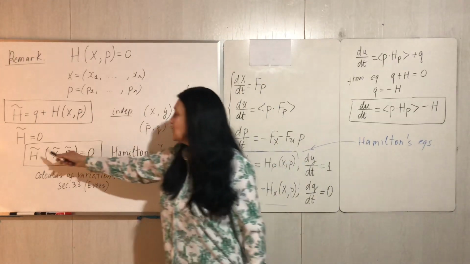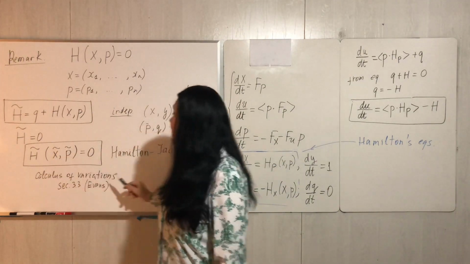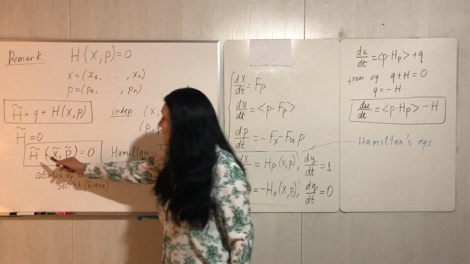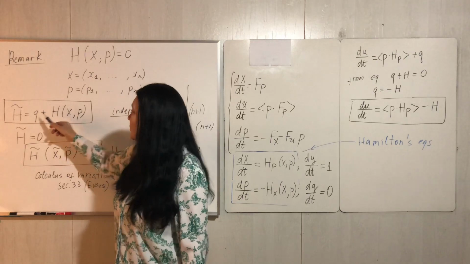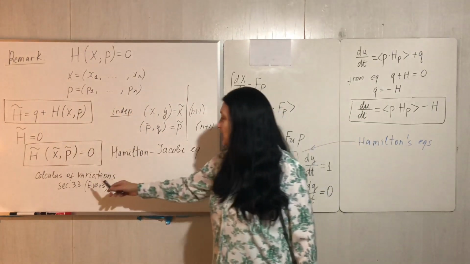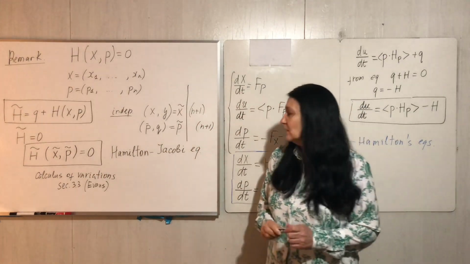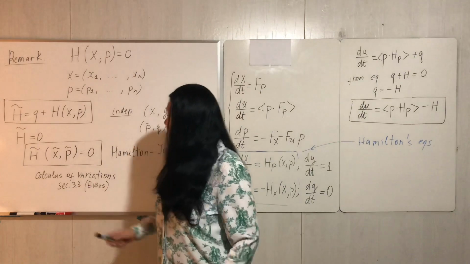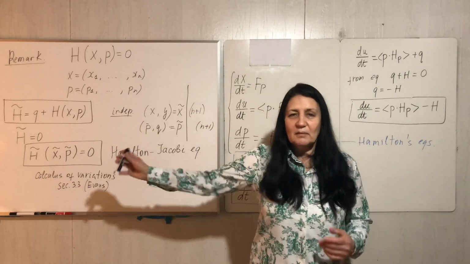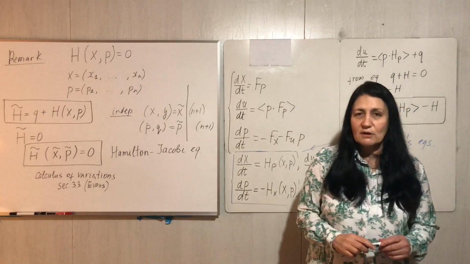So it will be h tilde of x tilde, p tilde equals 0. And this equation is called the Hamilton-Jacobi equation, and h tilde here is q plus the old h that we have. And as I mentioned, it's related to calculus of variations, and in the Evans book it's in section 3.3. Maybe we will be back to this equation in the second part of the course.